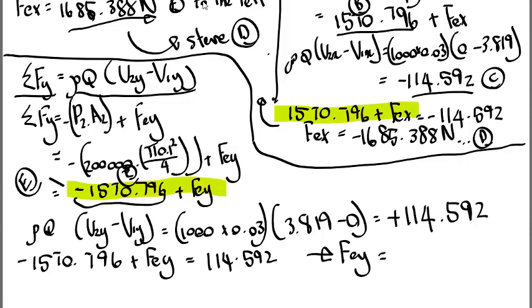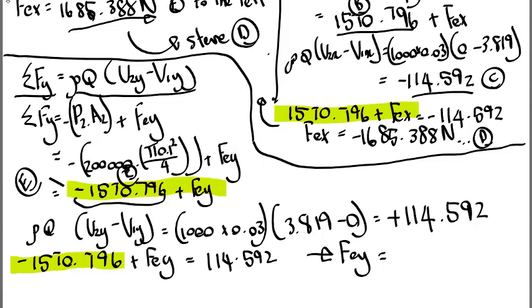So let's do that. It's simply the value that you just calculated, the 114 point. You could have stored it. I've just still got it on my display on the calculator. If we take this value over across to this side, what's going to happen? It's going to become positive, right? So we add it to the 114.